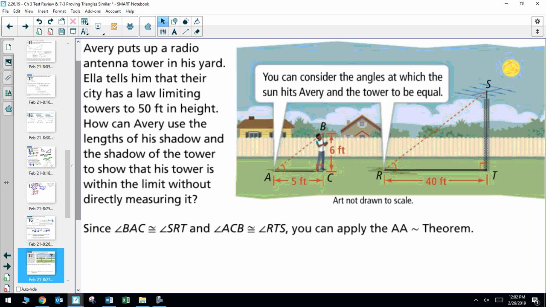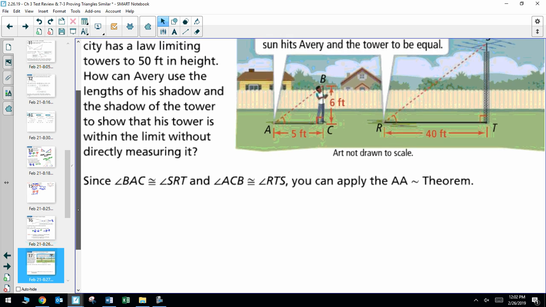So, we know, because of the angles theorem, that these are similar, so there's some scale factor to get this smaller triangle to be the larger one. What is that scale factor if I'm starting with a side length of 5 and I end up with 40? What did I have to multiply by? 8. Right? That's the scale factor here.